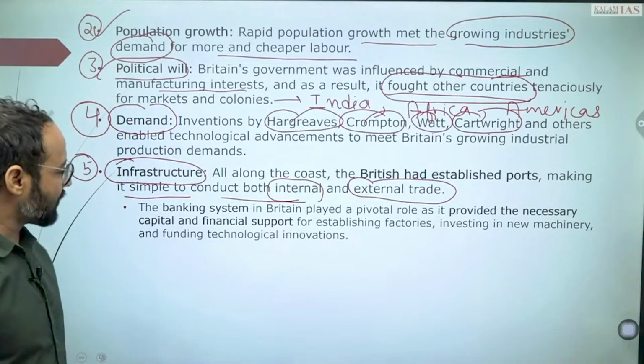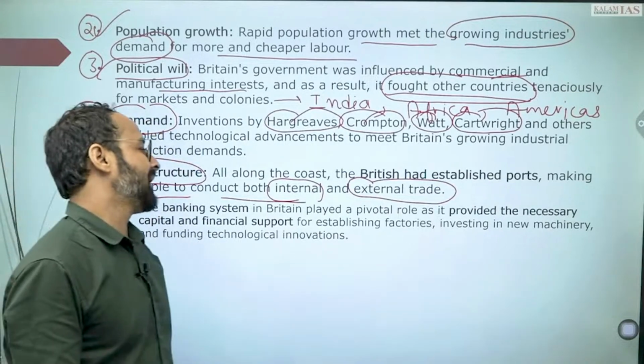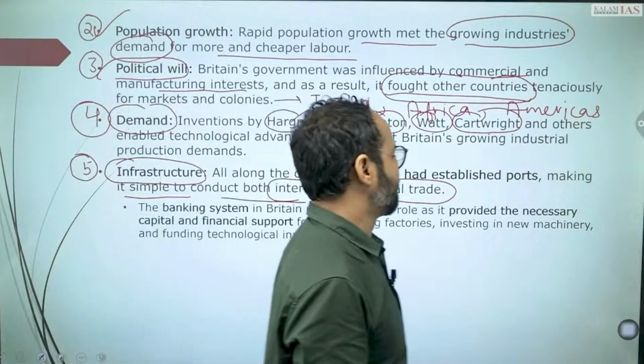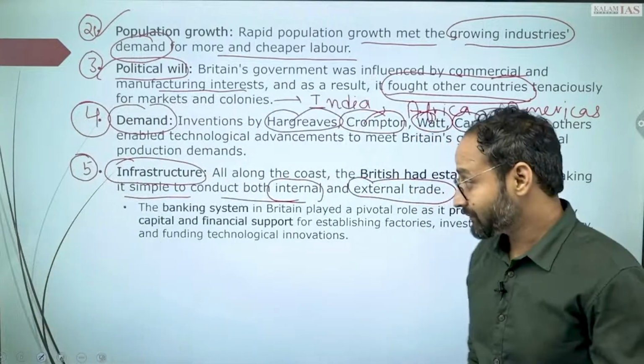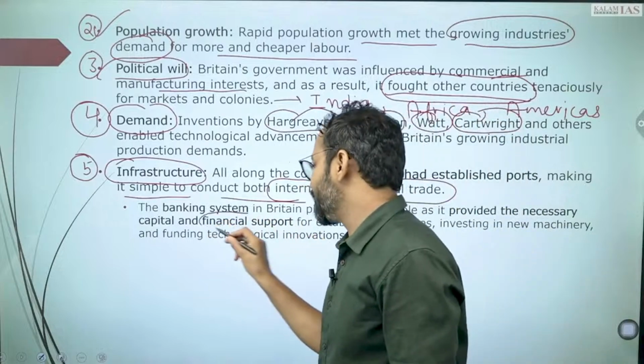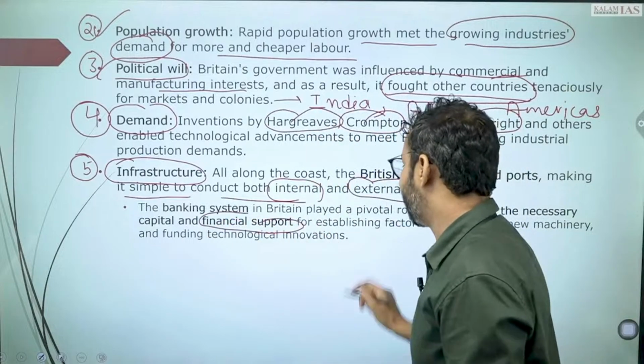On top of that, the banking system in Britain played a very important role, as it provided the necessary capital and financial support for establishing factories.